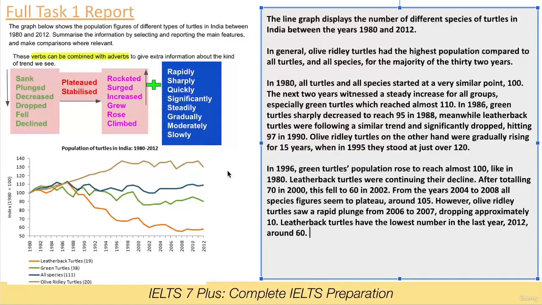In 1996, green turtles' population rose to reach almost 100, like in 1980. Leatherback turtles were continuing their decline. After totaling 70 in 2000, this fell to 60 in 2002. From the years 2004 to 2008, all species figures seemed to plateau, around 105.